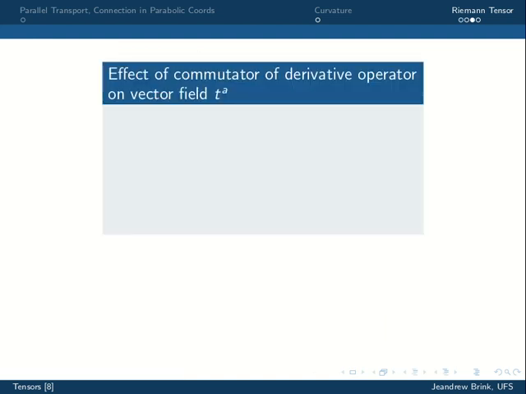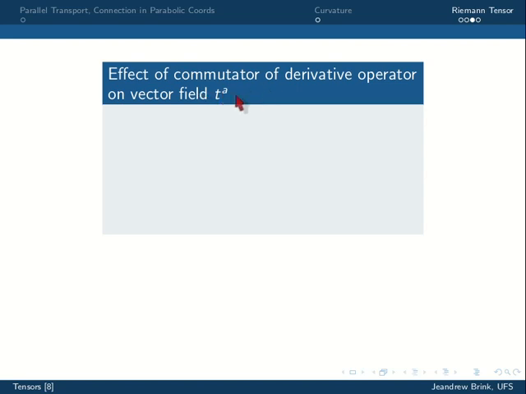Okay, so the next thing is to study that more generally. So we looked at the commutator of a derivative on a covector or a one-form field, just like we did with the Christoffel symbols, where we switched it over and we worked out the derivative operator on your vector field, and we got it from what the derivative operator does on the covector field.